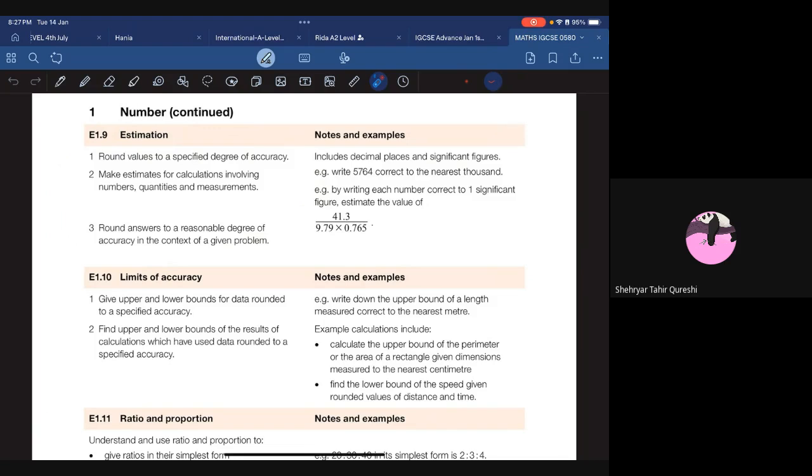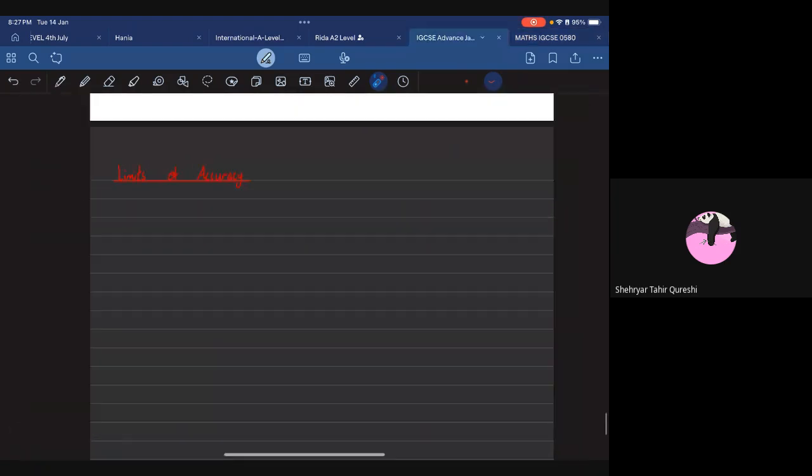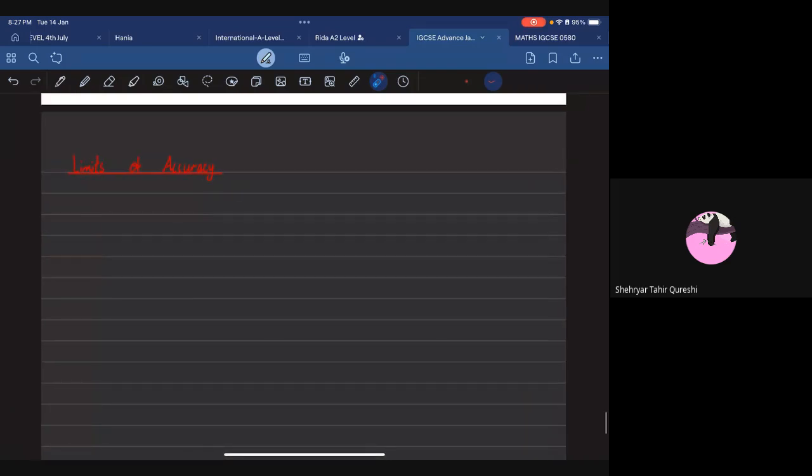certain values. Usually it is given in the question that you have to round it off to two decimal places or three decimal places. If that is not the case, and you're getting a decimal answer, and it's not written in the question how many decimals they want, you can just round it off to the number of decimal places or significant figures provided in the question.